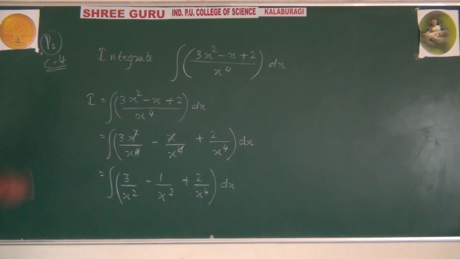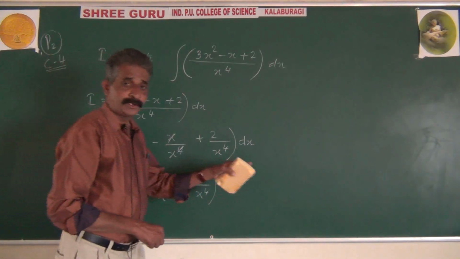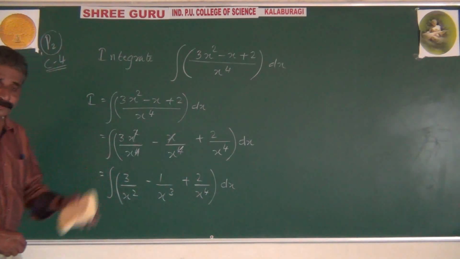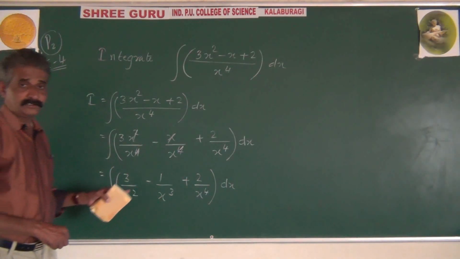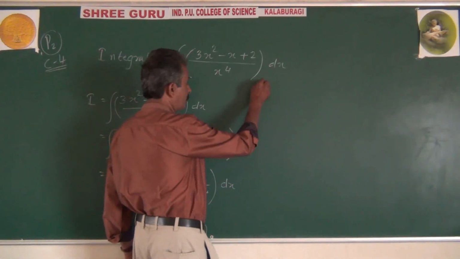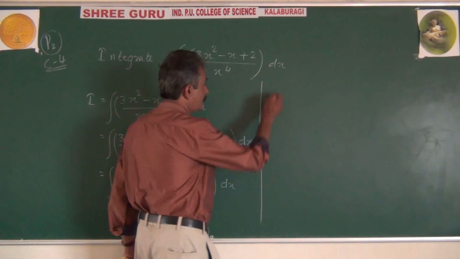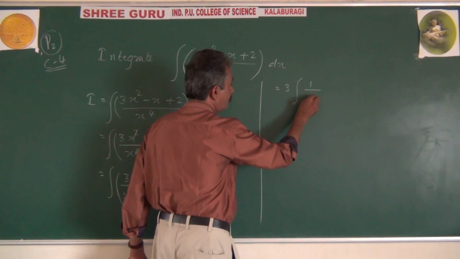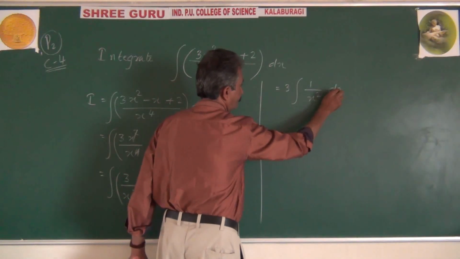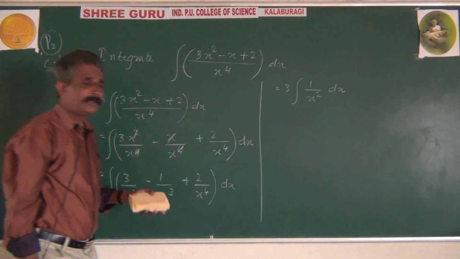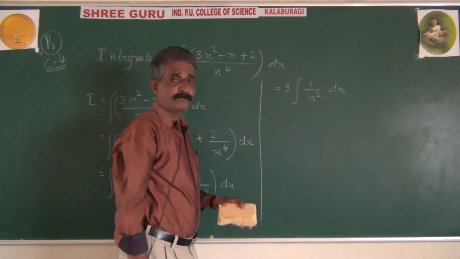Now we can apply some rules of integration. We can bifurcate into 3 integrations because of the sum of 3 terms. While bifurcating, keep a constant, that is, multiply a constant outside the integration. So according to that, now, 3 first term, integration of 1 divided by x square. 1 divided by x square can be written as x to the power of minus 2 in the numerator.